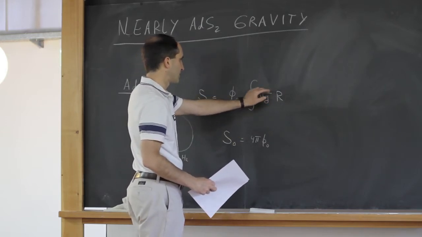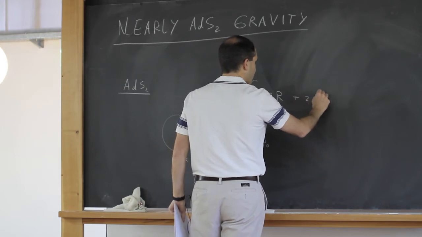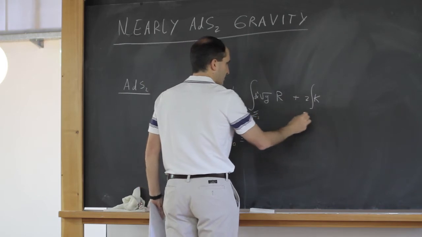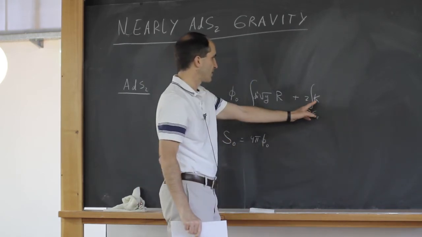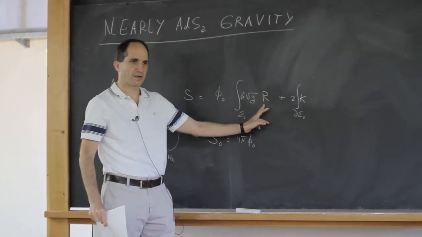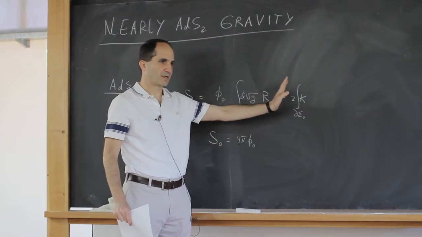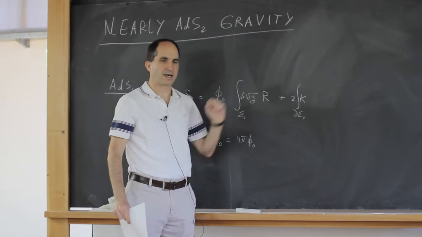For that, we need to introduce a boundary term. Here it is integrated over the two-dimensional surface, and this is over the boundary of the two-dimensional surface. You always need this term in the gravitational action because you have terms with two derivatives here. In order for the variation to be well defined with boundary conditions which fix just the metric and not the first derivative of the metric, you need to add this boundary term.